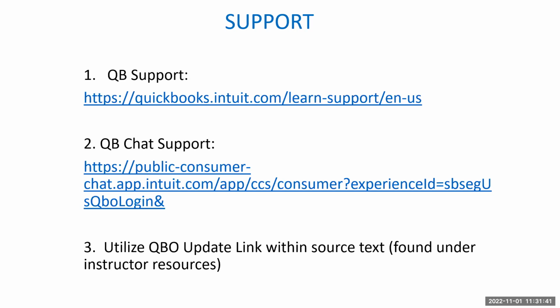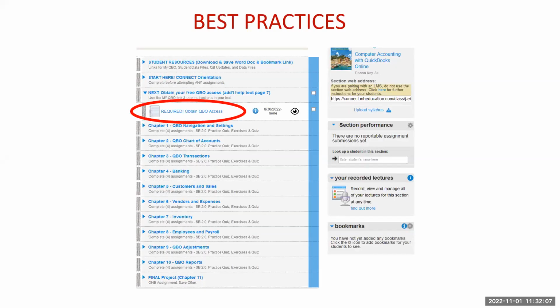Because let's be honest, there have been questions that have come to me. The physical textbook doesn't match what they're seeing, or maybe there's a button that's off, or it's different. They must utilize the QuickBooks updates link. And I'm going to show you just a suggested way on how you can make sure they are checking for updates before they do any assignment.